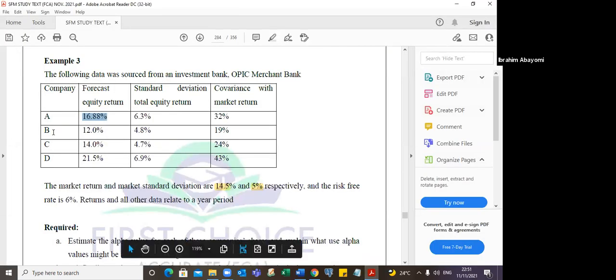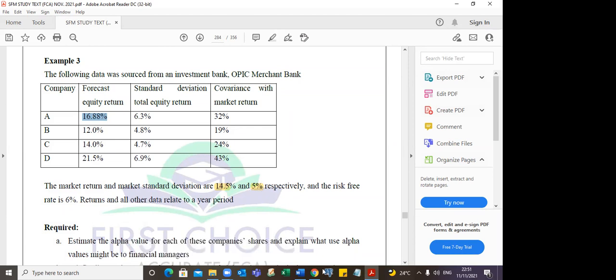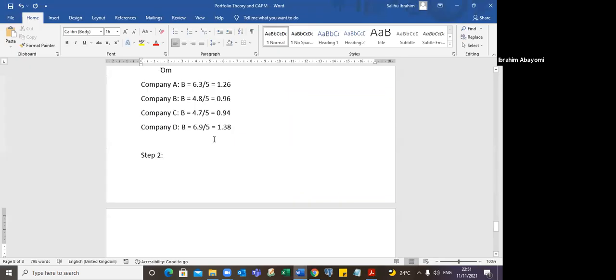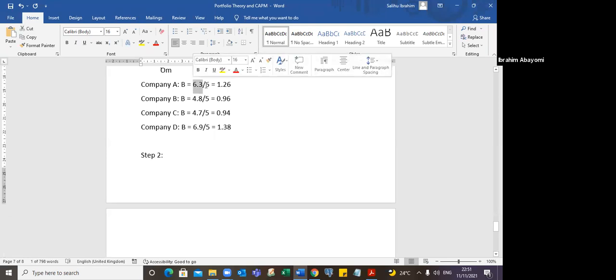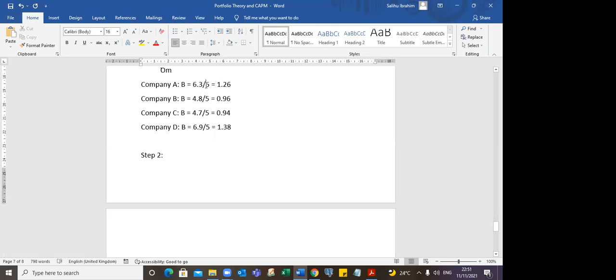There's no correlation between these shares and the market. If there is correlation, I will have multiplied 6.3 times the correlation before I divide. So it's correlation I'm referring to, not variance. I don't need variance for anything in this question. If you convert 5 to variance, you have 25.